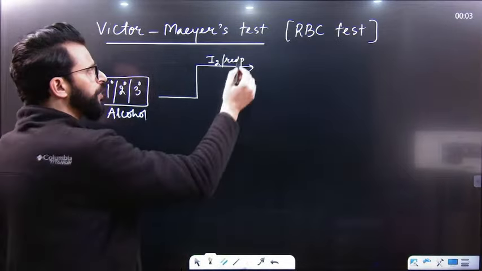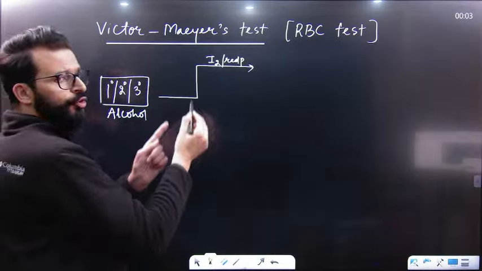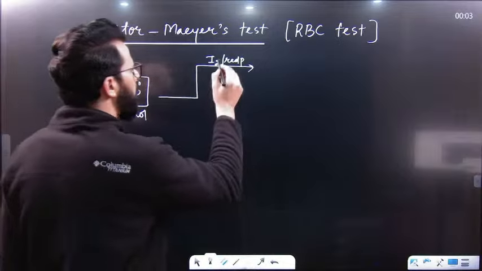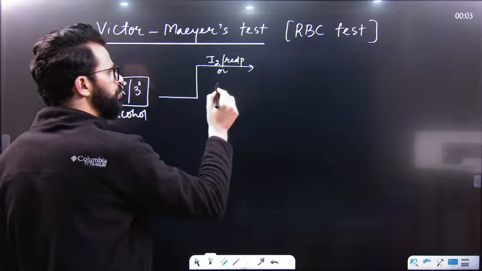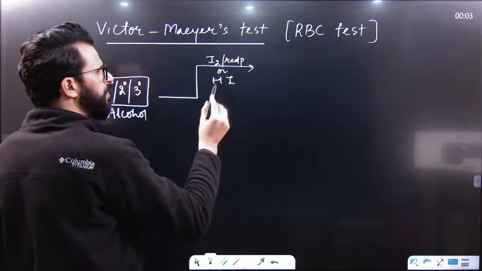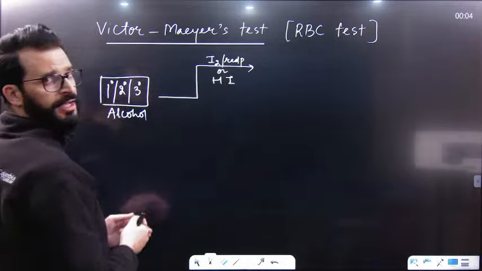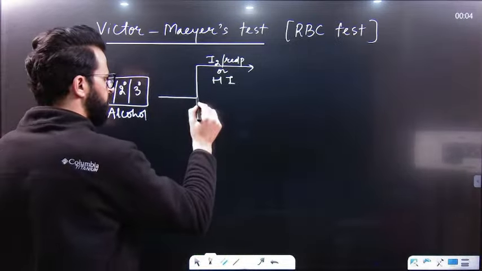So you can take all those reagents which can replace OH by I. You can also use HI. So first of all, you can use this.